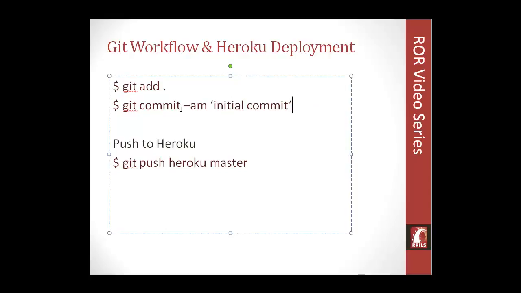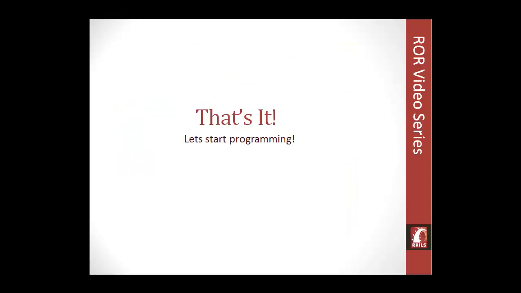And then after you commit, everything's committed, you're done, and you're ready to put it on the server. You just do git push heroku master, which would push everything that you committed to the Heroku server. So that's it. Real quick, I just wanted to show you the basic commands, because I'll be using this throughout the series, just so you know what's going on.